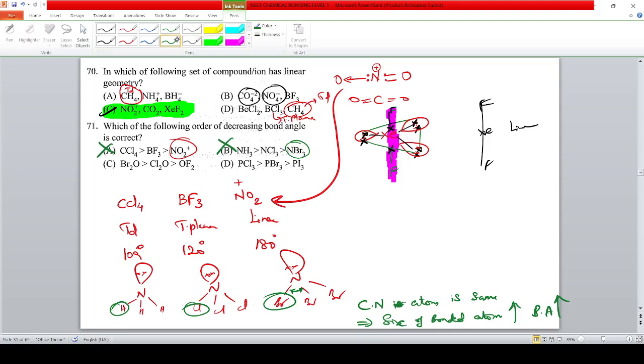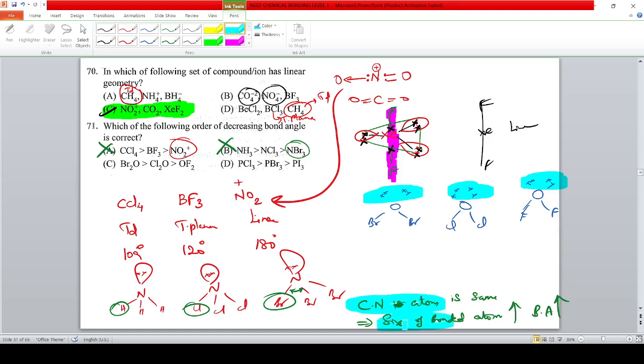Going for C. OBr2, 2 lone pairs. OCl2, again 2 lone pairs. OF2, again 2 lone pairs. So 2 lone pairs are same in all the cases. Don't worry about the lone pairs. Think of, just now I told you, same central atom.